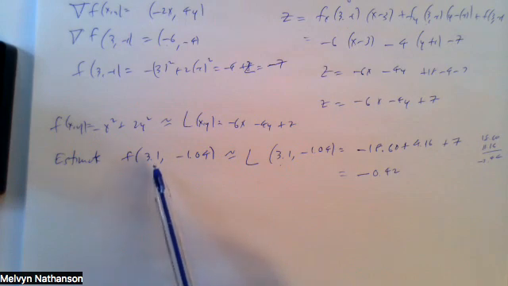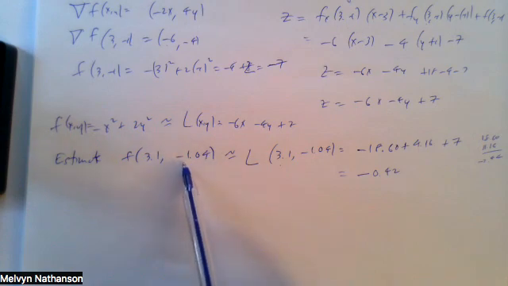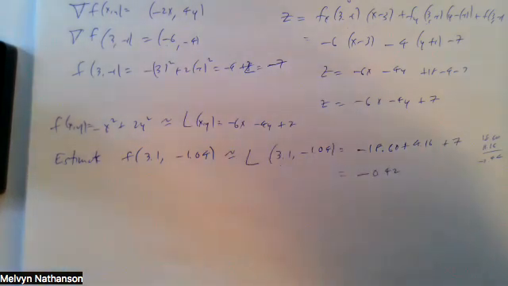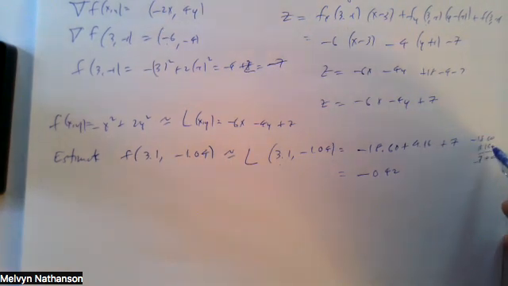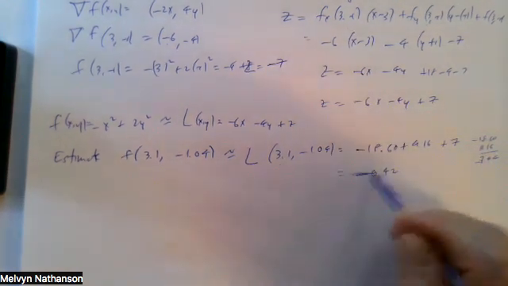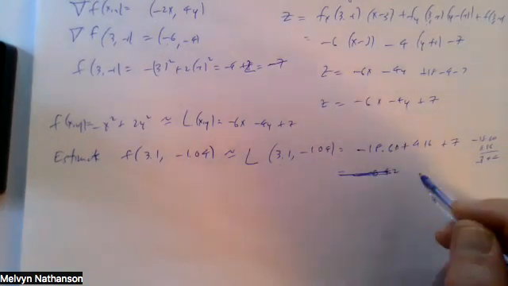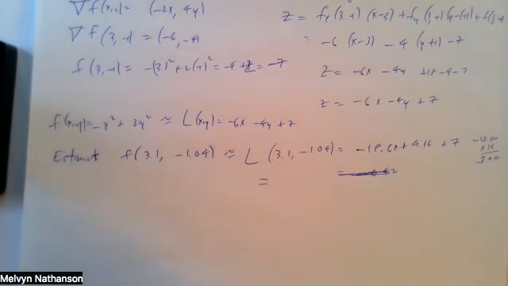So minus 6 times 3.1 is minus 18.6. Minus 4 times minus 1.04 is plus 4.16, plus 7. Oh, I'm sorry, this is 11.16. So minus 18.60 plus 11.16, that's minus 7.44.